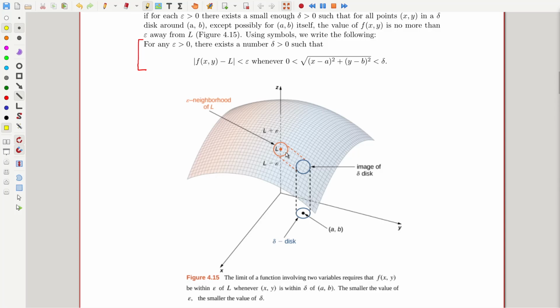And if I can always do that, that means that I have guarantees on getting arbitrarily close to L. That is what it means, very rigorously speaking, to say that the limit of the function as you approach the point A comma B is equal to L. It's this idea of shrink wrapping towards the point A comma B, you get arbitrarily close to L.